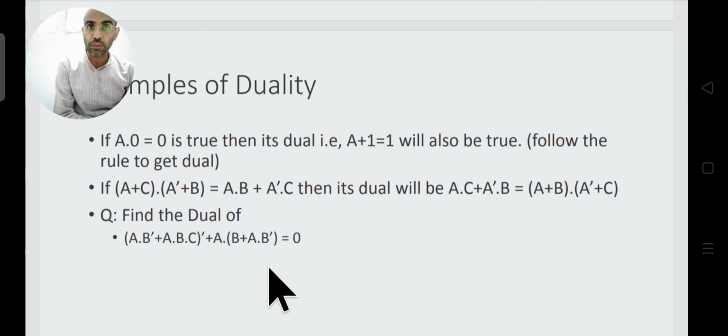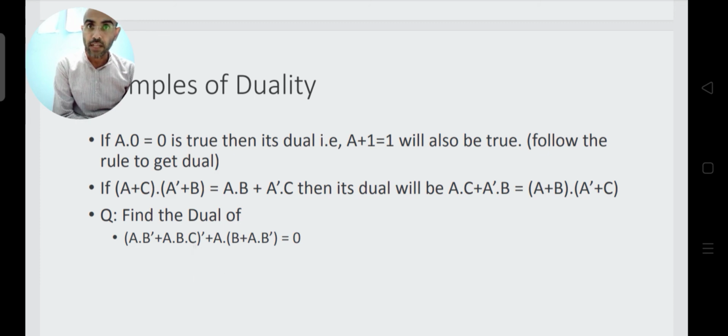Pause the video and try to solve it on your own, then see the answer. For this particular case, I'll tell you: the dual of this is a plus b complement, then dot a plus b plus c.